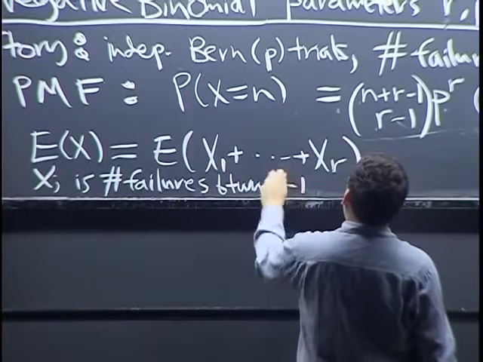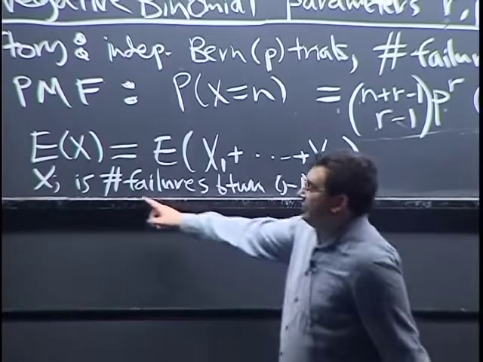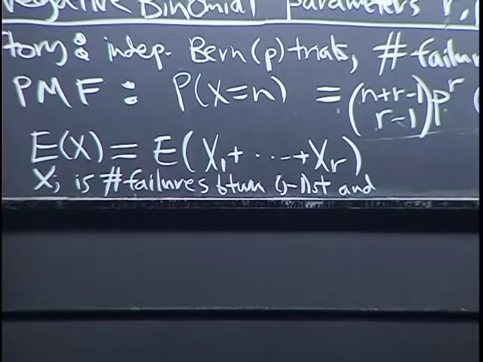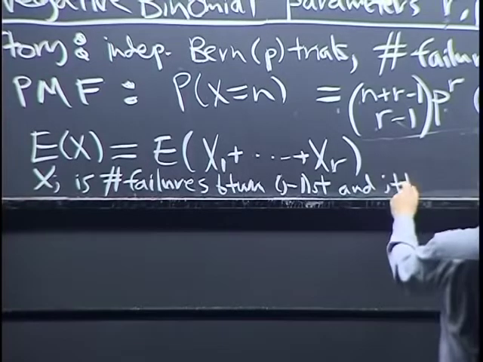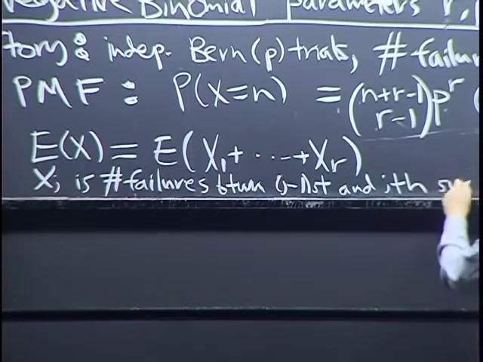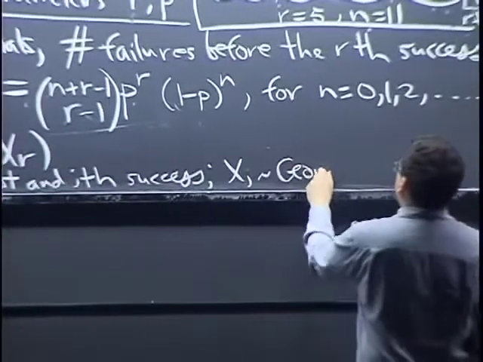For x1, I'm just interpreting it as the number of failures to start with before the first success. Then we already know the distribution of xj. Xj is just geometric p.